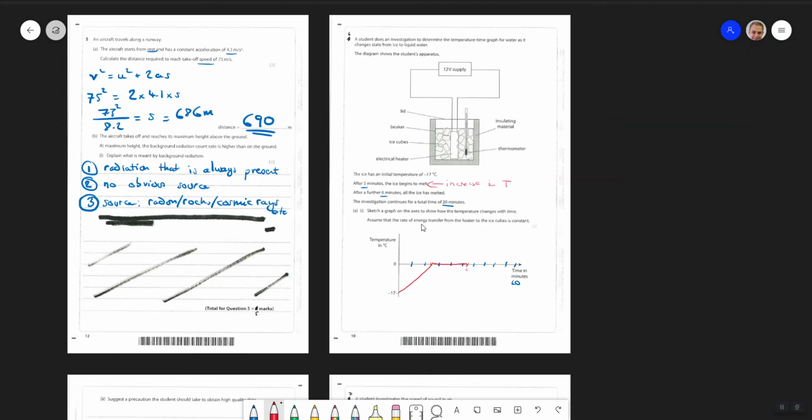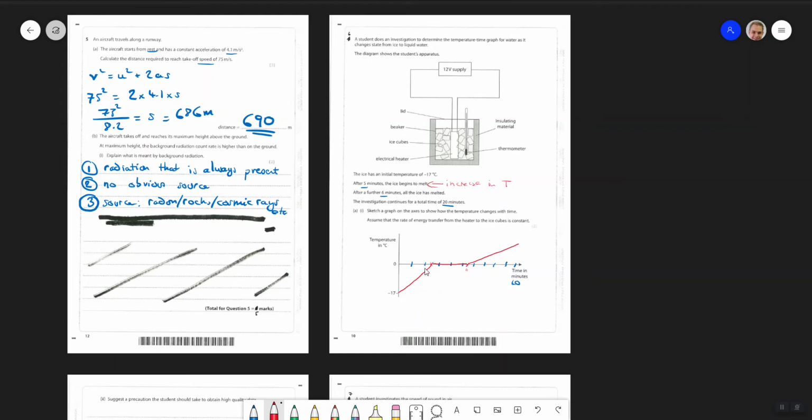The investigation continues for 20 minutes. So then we're going to get some kind of other line that's doing, say, this. So we're going to get some kind of line there, and that's kind of what we're after.